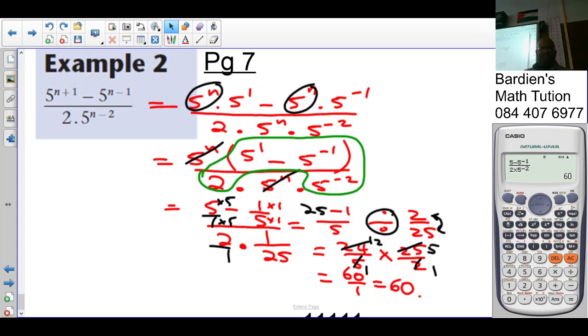So that now brings us to exercise 1.3. In exercise 1.3 on page 8, I want you guys to do the first column and the third column. The first and the third column. Okay?